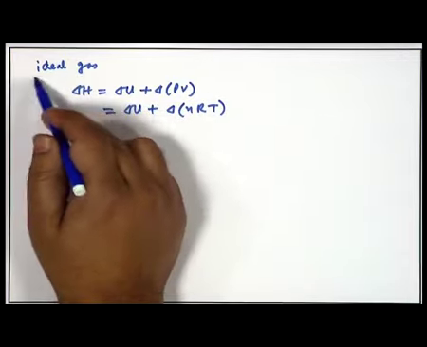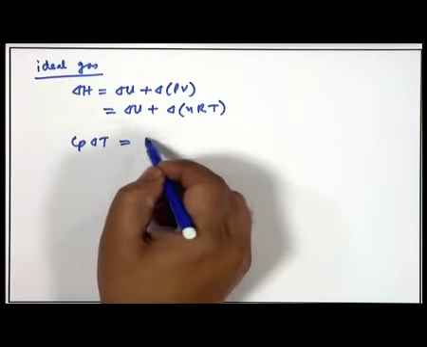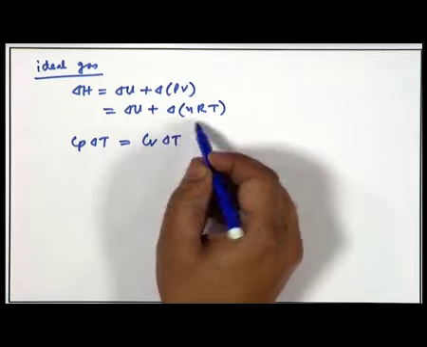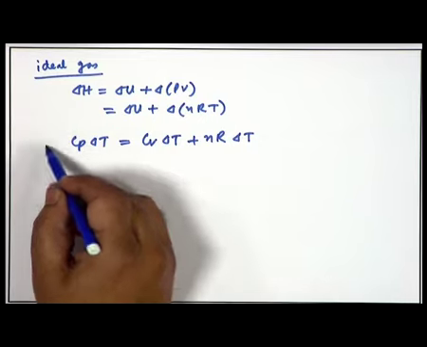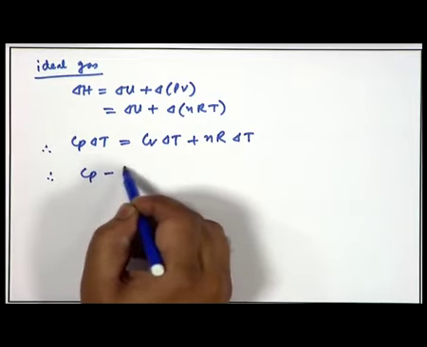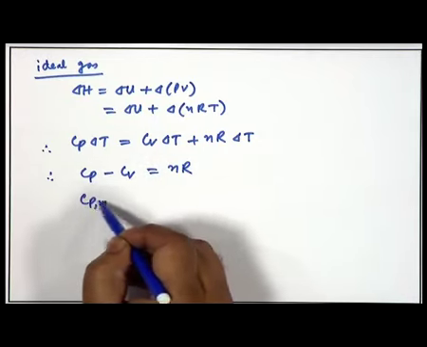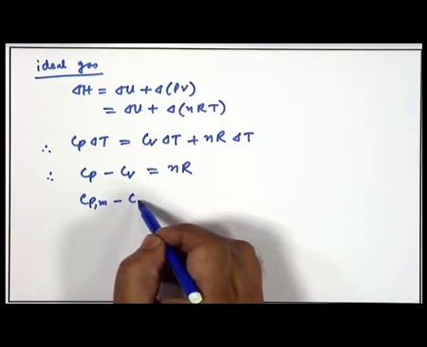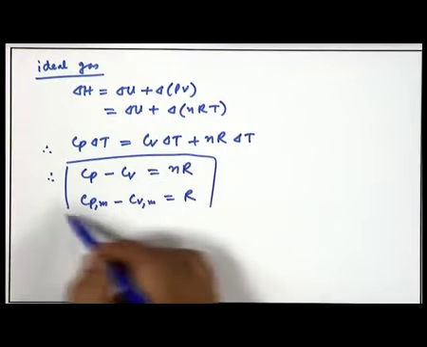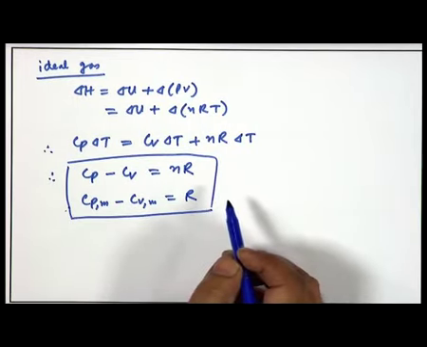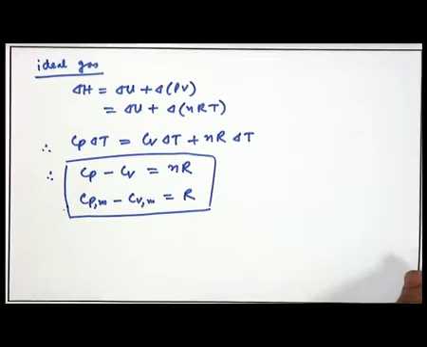For ideal gas we know del H is Cp del T, del U is Cv del T, and in this case nR del T. So, we can write from this Cp minus Cv is nR for the ideal case, or if we talk about molar heat capacity, Cpm minus Cvm would be given by R. So, these are expressions for ideal gas.